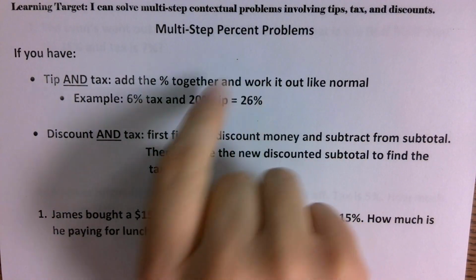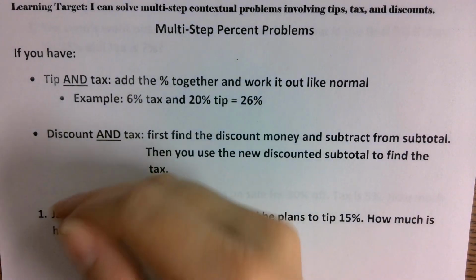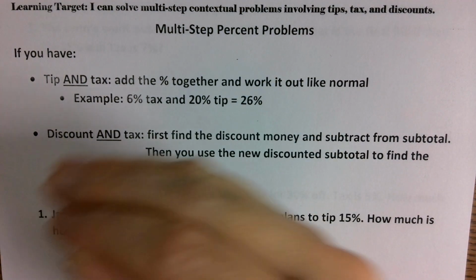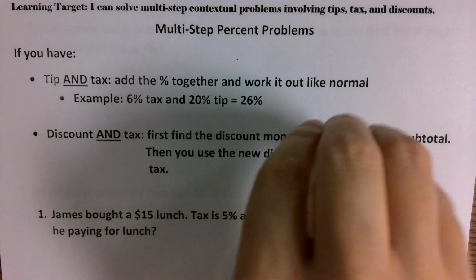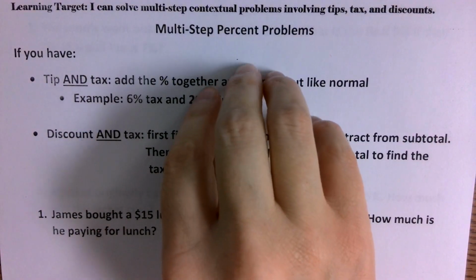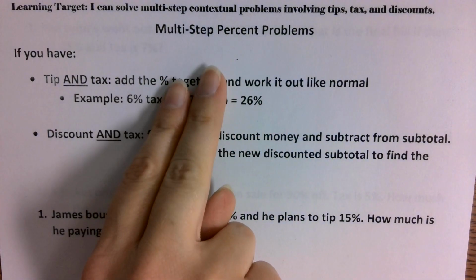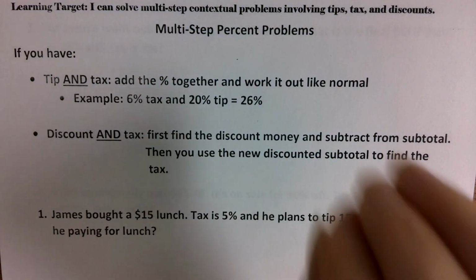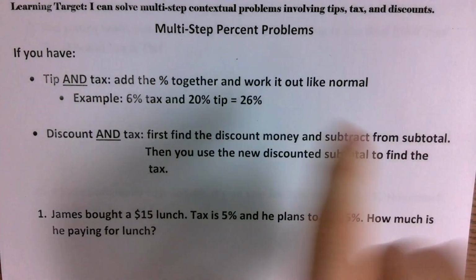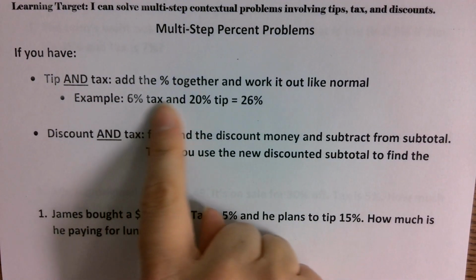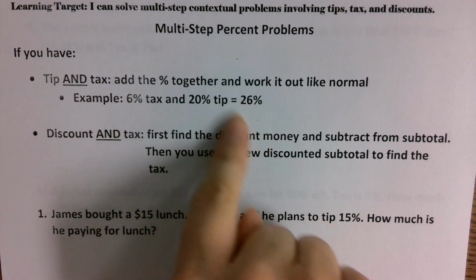That's what you pay tip for. What was the original price? Pay tip for that. And then tax goes on the original price as well. So since they go on the original price separately, you can combine them together and work it out as just one whole percent. Okay, so for example, if tax was 6% and tip was 20%, then you'd be dealing with 26%.